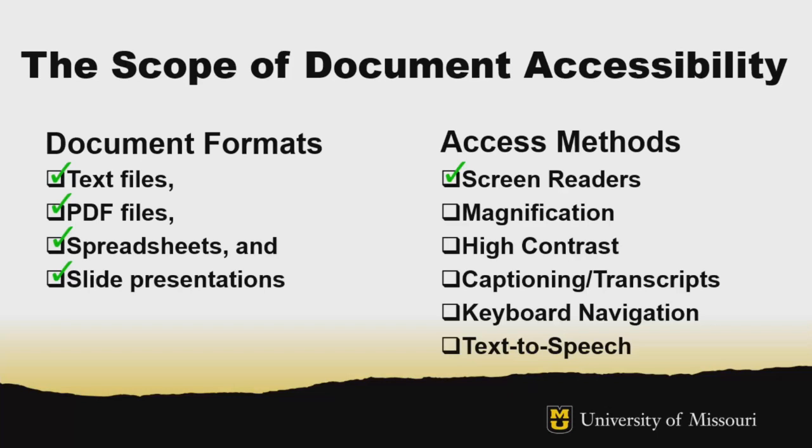Users with low vision might need to enlarge document content or change color contrast between the background and the text. Persons with auditory impairments need captions or transcripts associated with audio and multimedia content. For example, I have a transcript of my narrative for this PowerPoint presentation. Persons with mobility impairments, like myself, cannot use the mouse to navigate through an electronic document.